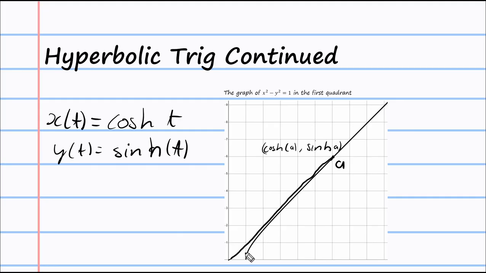We're interested in this area bounded by the x-axis, the line from the origin to A, and the hyperbola until it intersects A. Take a guess at what this area is. Believe it or not, the area of this is A divided by 2. So this is how hyperbolic trig happens to relate to hyperbolas.